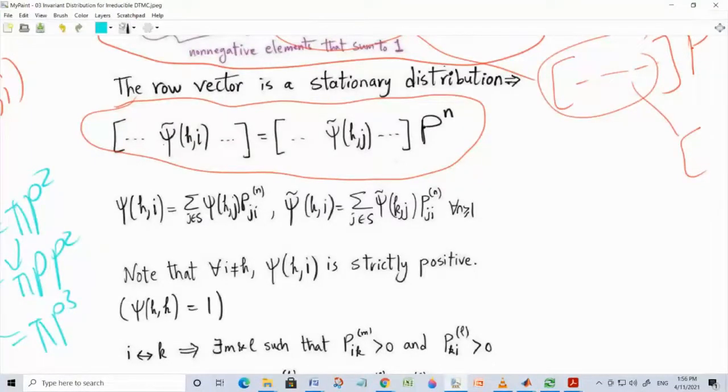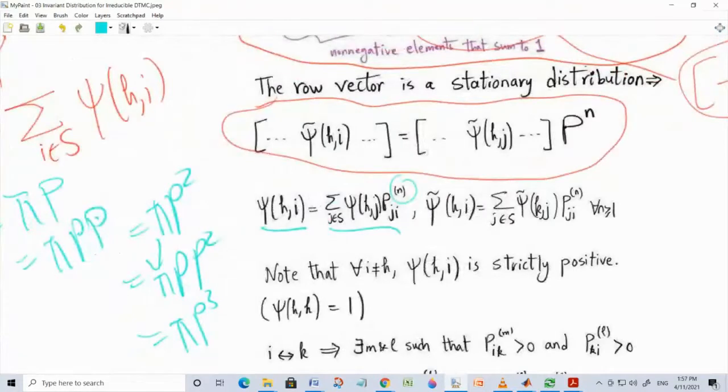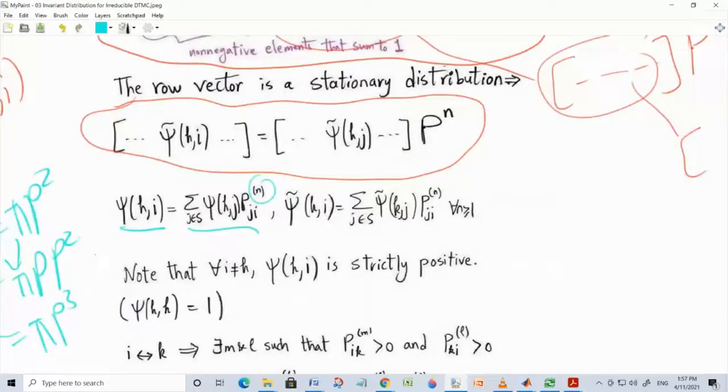But can we say that it is positive? Psi ki is equal to the sum over j of psi kj times p ji in the matrix p to the power n, again because of this argument. And if you divide both sides by mu kk, then you convert from psi to psi tilde.